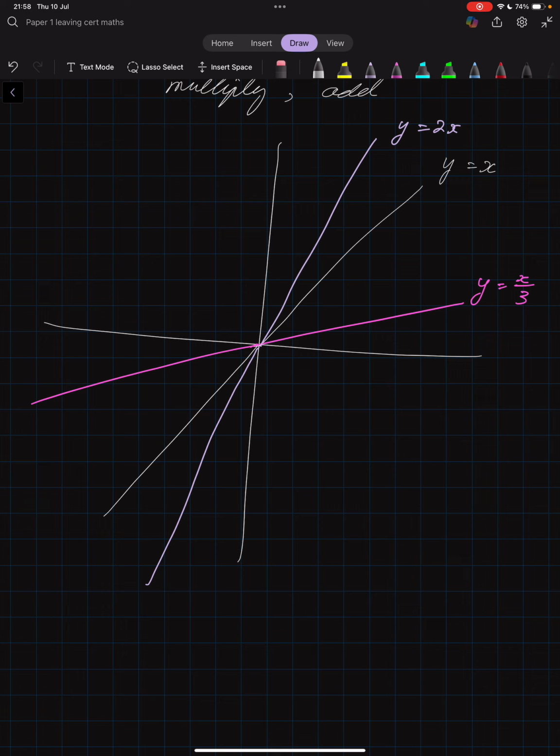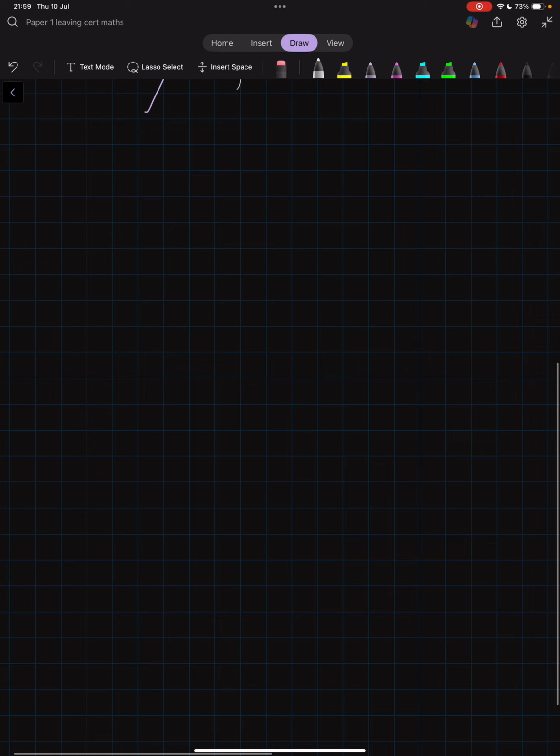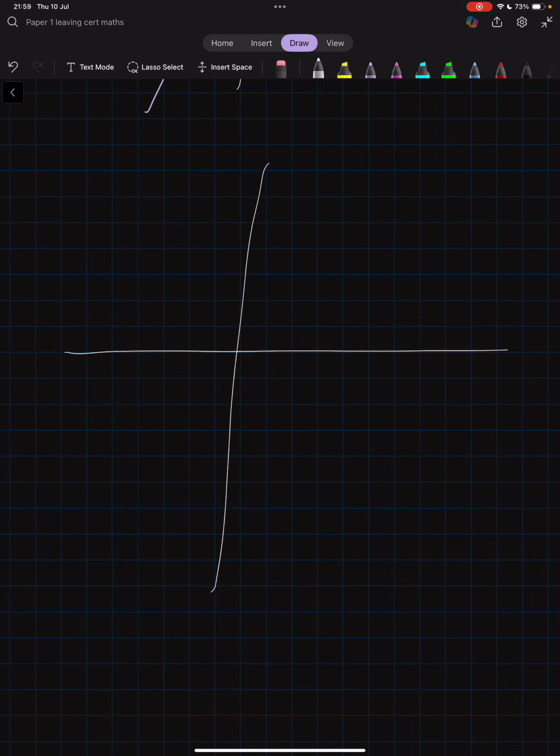If you multiply it by 2, it gets steeper. If you multiply it by a third, it gets less steep. That obviously comes from y equals mx plus c. So if you multiply the whole thing by 3, then m will get bigger and therefore it'll get steeper.